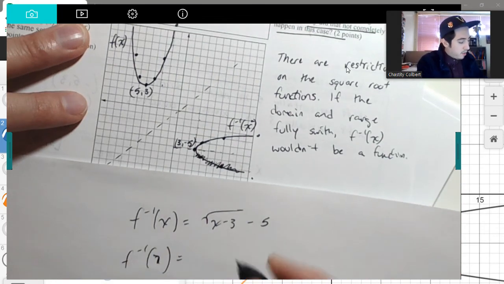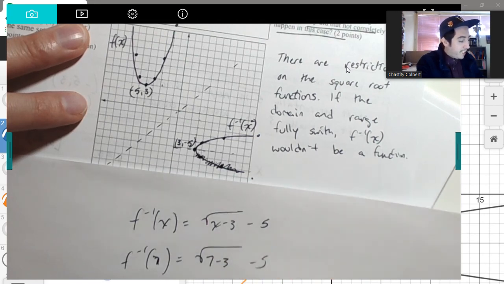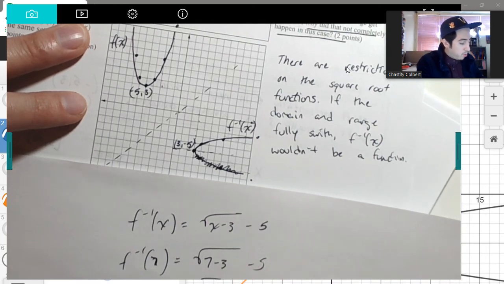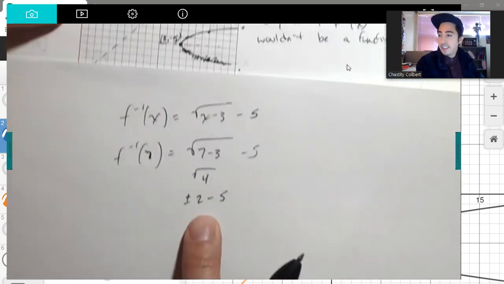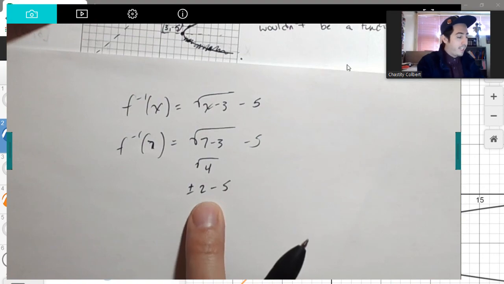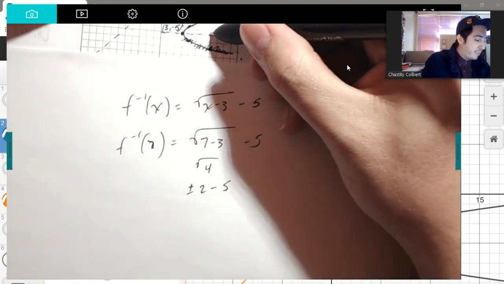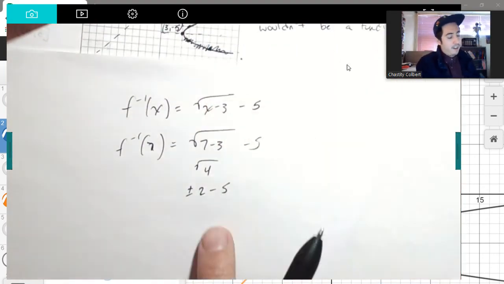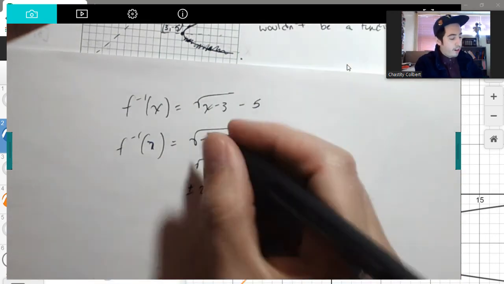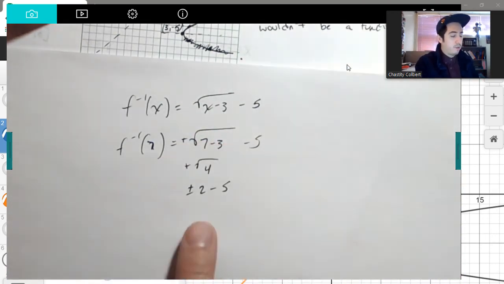The square root of 7 minus 3 is the square root of 4, which is plus or minus 2. That's why we get these 2 points, a point here and here, but they only take the positive square roots.